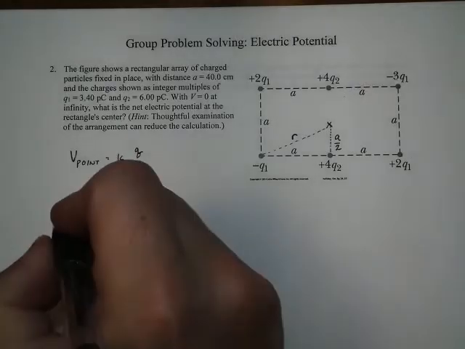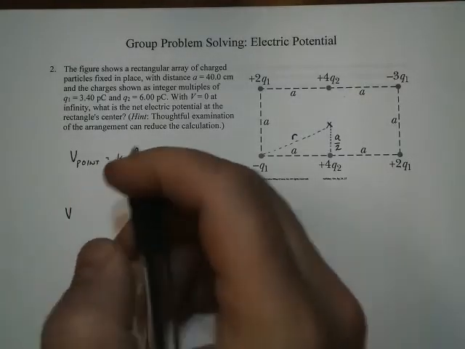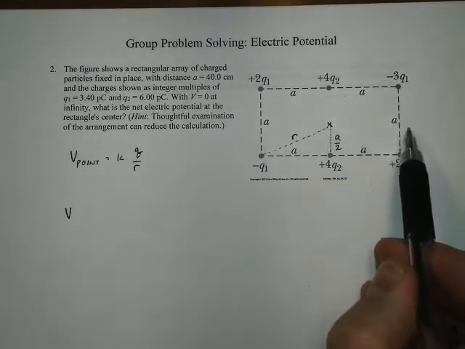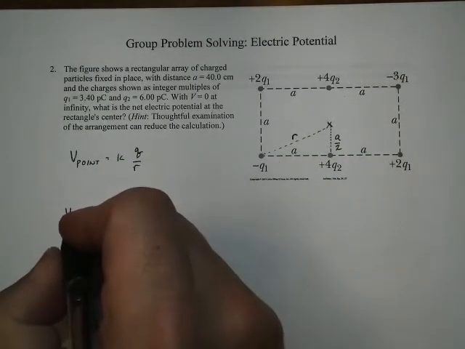All right, so I'm going to write this out symbolically, starting at the top left corner and just going around the rectangle clockwise.